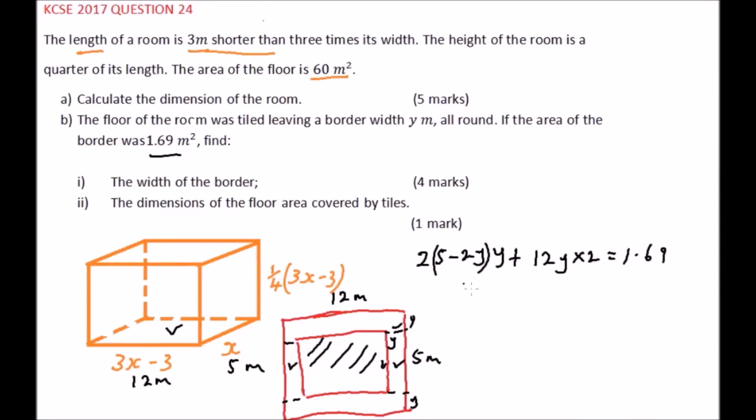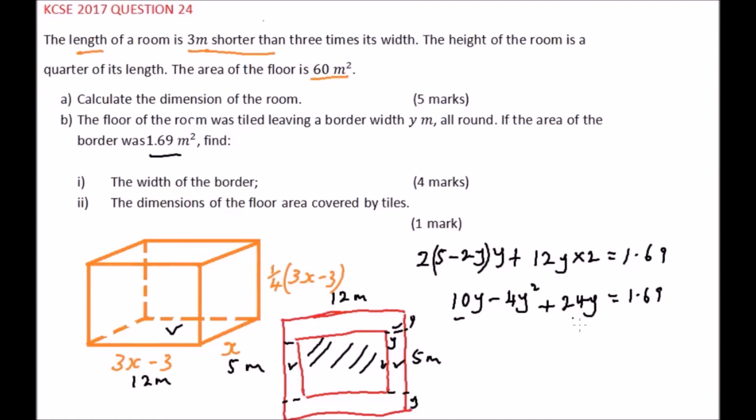So when we open the bracket, this will be 2y times 5, that will give you 10y, then minus 4y squared, plus 24y is equal to 1.69. We put the like terms together.